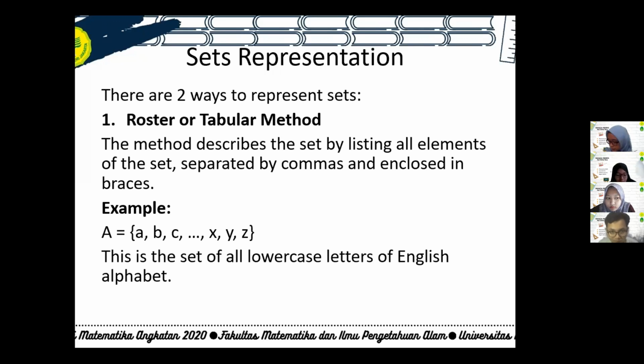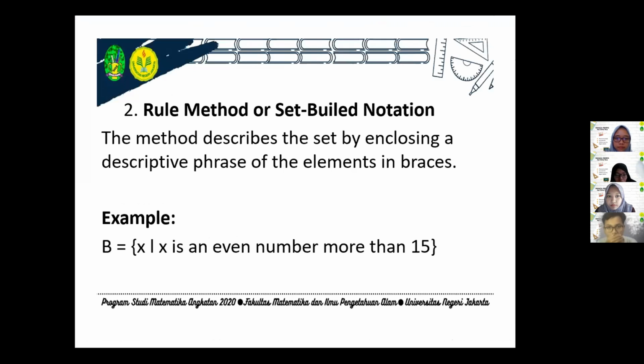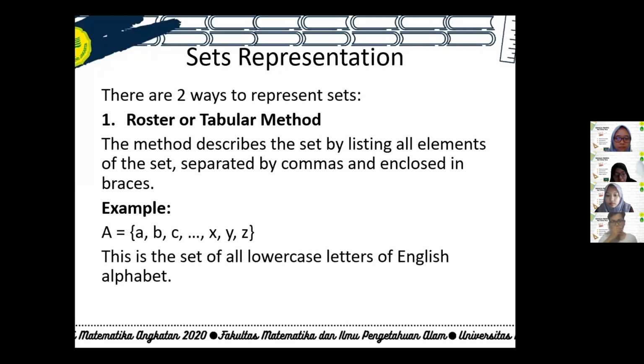Example, set A has elements a, b, c, and so on up to x. This is the set of all lowercase letters of the English alphabet. This uses commas, and the elements are written one by one. Okay, next.